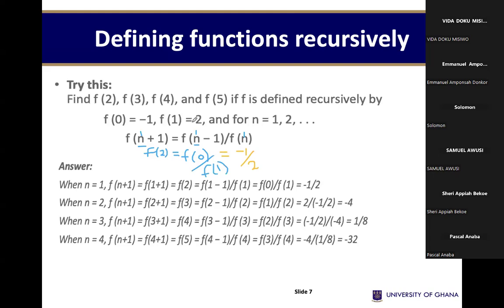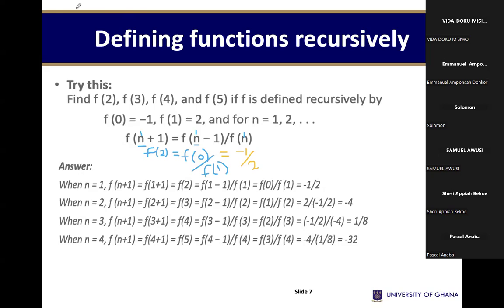So it's a matter of making sure that for this instance f of n plus 1, when you are being given, let's say, n equals 4, you have to use the previous one that you did.